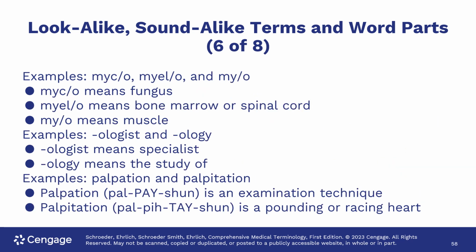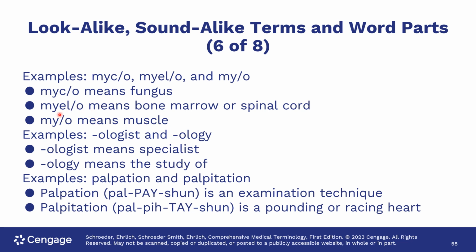Here are some more examples of sound-alike terms and word parts. Myco, myelo, and myo. So remember before in that descriptor of the body parts, myelo means bone marrow or spinal cord, and then you just take out the EL, and myo means muscle.